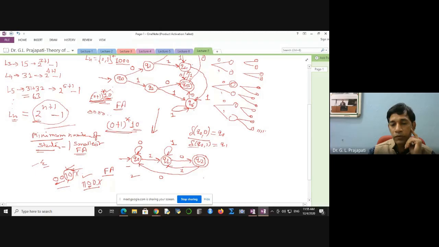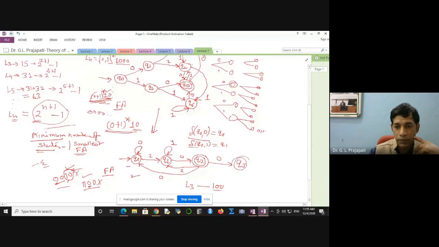If somebody asks you to go for the language L3, it means you need to remember the last 3 symbols, for example, 100. Then how many states do you have? From here, you have to go further to the next state, and you just add one more state, Q3.